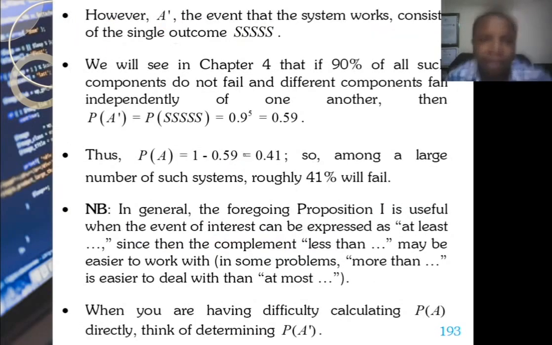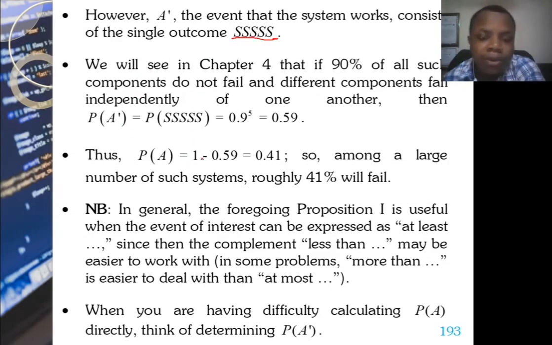But however, let's look at an event A prime. That is if the system should work, that is if all the components within the series should work. And that will be only a single outcome, because that will be when all the components are successful in the operation, that is S, S, S, S, S throughout. So if you'd like to estimate the probability of A, let's see how we are going to do this.